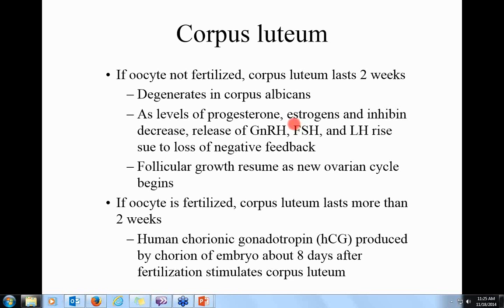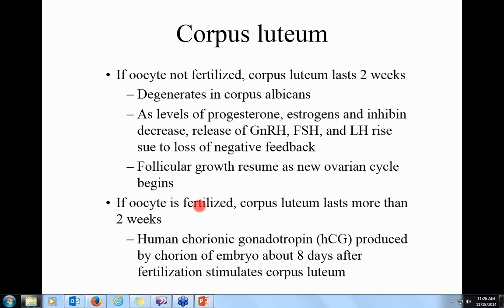And then because the corpus luteum stops making progesterone, estrogen, and inhibin, gonadotropin releasing hormone, follicle stimulating hormone, and luteinizing hormone start to rise. And soon you're going to start to see new follicular growth.